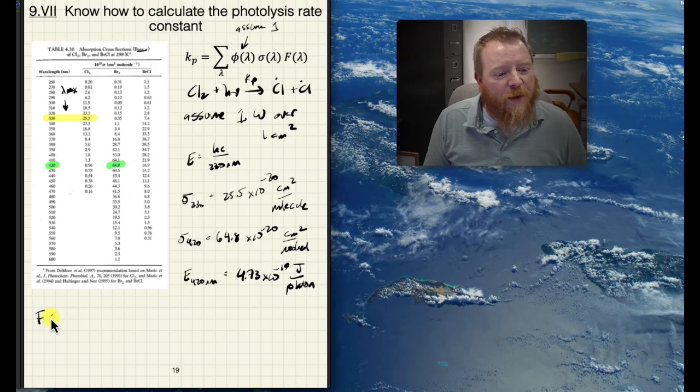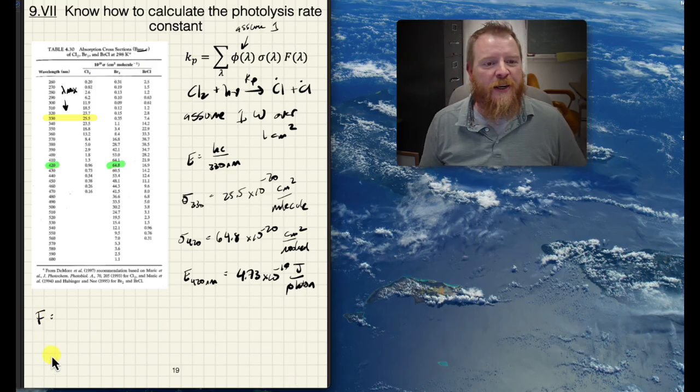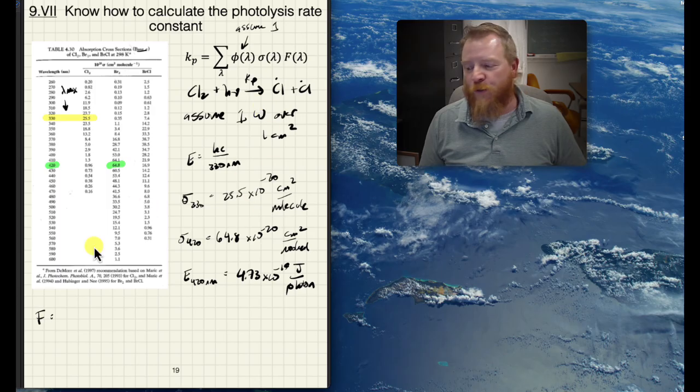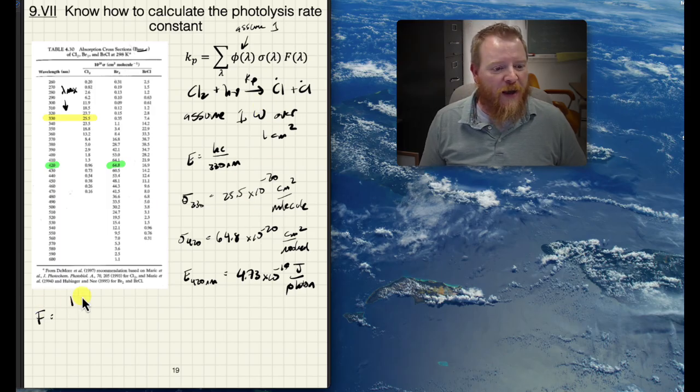So now to calculate the flux of that situation, let's assume we've got 1 watt over 1 square centimeter. That would have units of 1 joule per second, which is the same as 1 watt, all over that 4.73 times 10 to the minus 19 joules per photon.